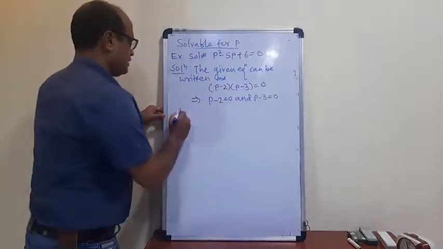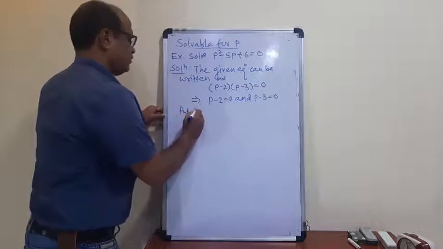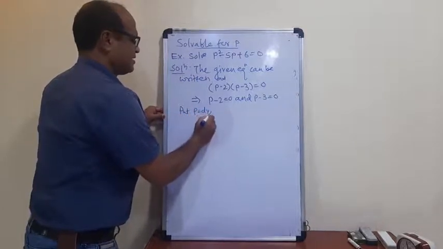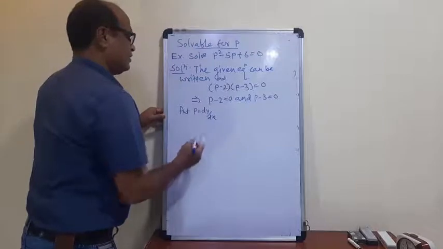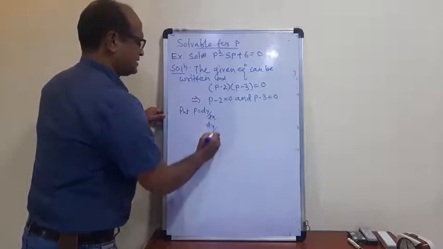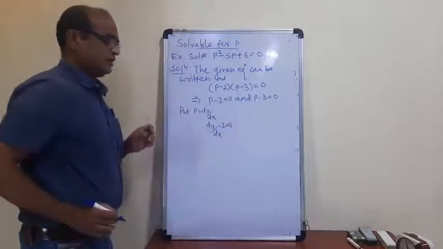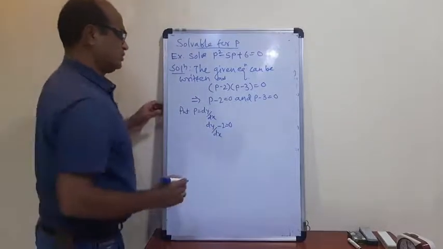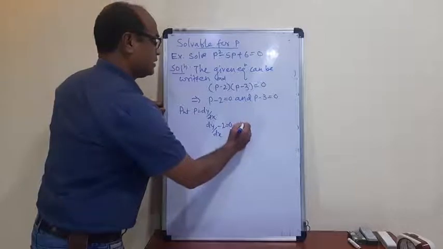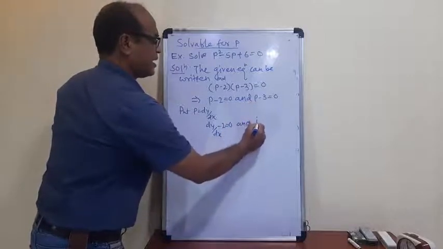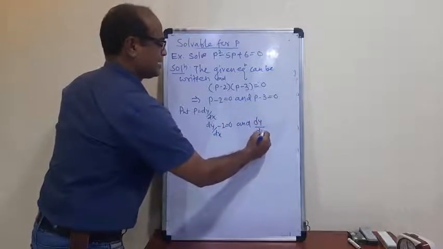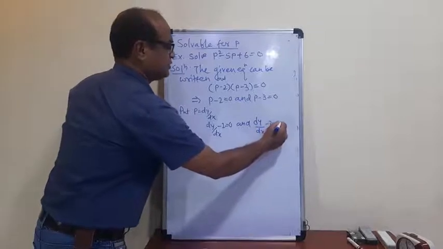So put p is equal to dy by dx. So we get here dy by dx minus 2 is equal to 0, and dy by dx minus 3 is equal to 0.